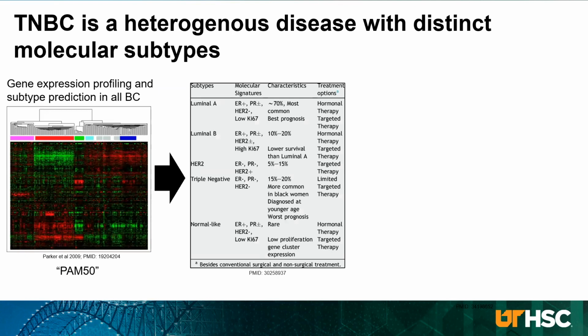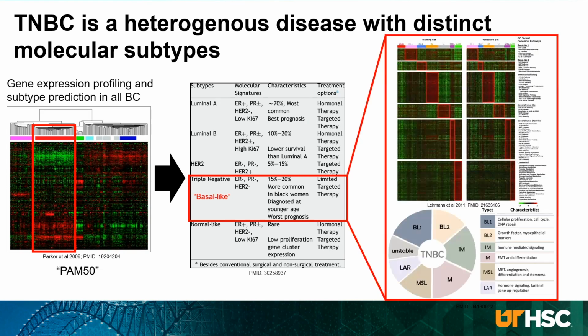So while triple negative breast cancer is a subtype of breast cancer, triple negative breast cancer also has more subtypes on top of that. So using gene expression profiling in the 2000s, the original 5 molecular subtypes of breast cancer were defined. One of these includes triple negative breast cancer and has been called basal-like as well.